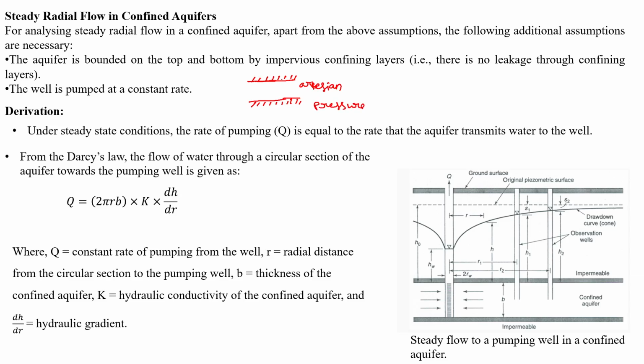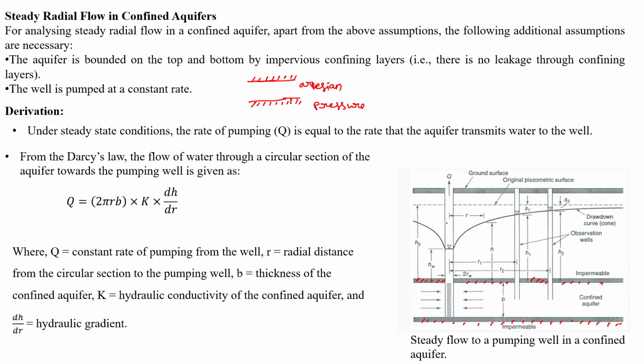In this picture, this is a confined boundary and this is also a confined boundary, and the soil between these boundaries is called a confined aquifer, and the water inside it will be under artesian pressure.